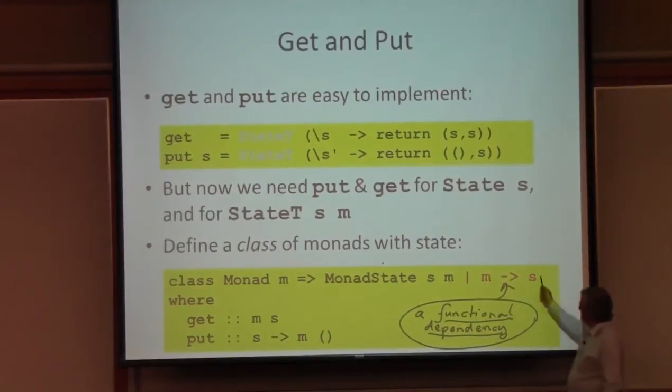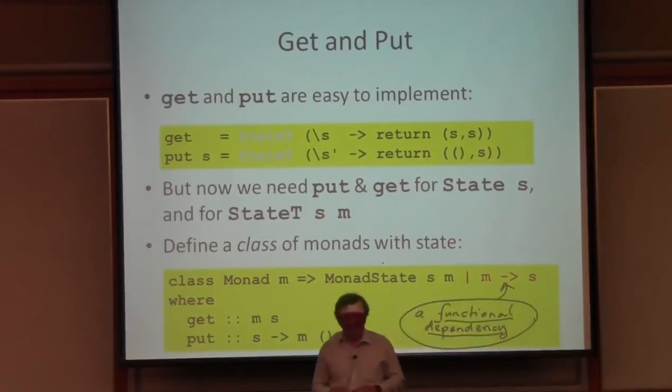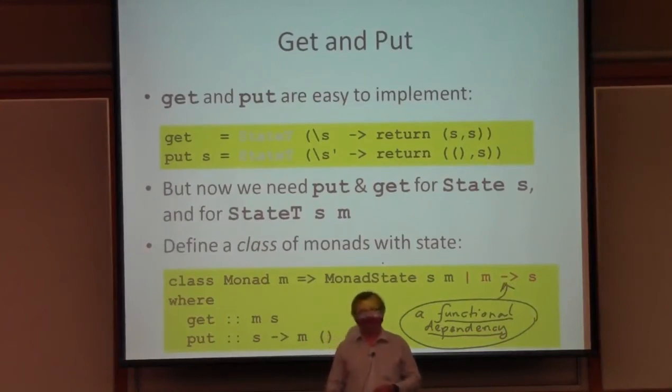It's not really necessary to add this functional dependency, but it constrains the types of programs that use this kind of monad a lot. And if you don't do it, then you get a large number of ambiguous overloading messages from the type checker. It's a huge pain, and if you don't put this functional dependency here, then you have to help the type checker all over the place by telling it what the types of things are supposed to be.